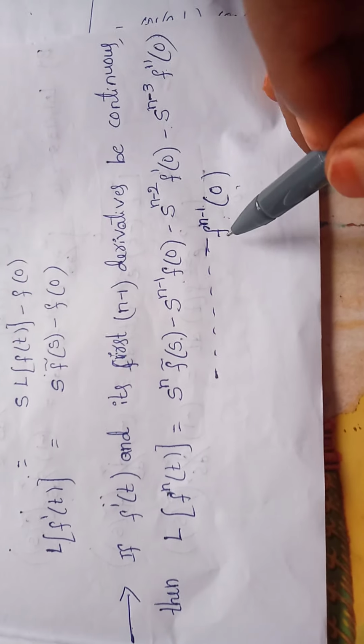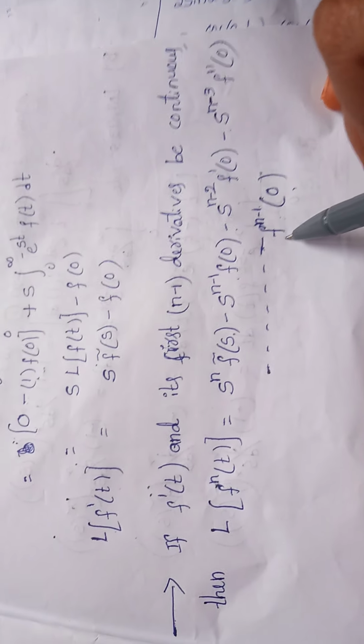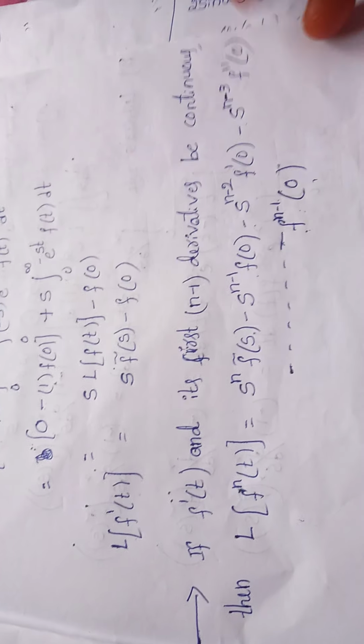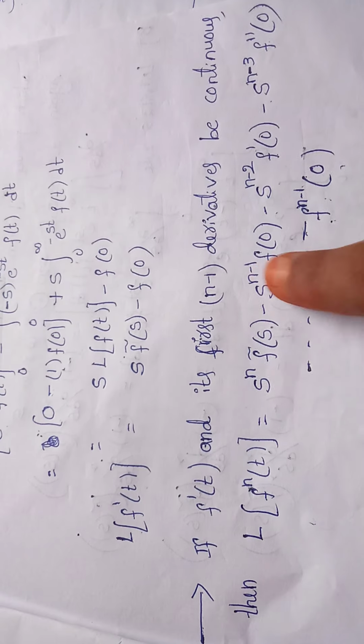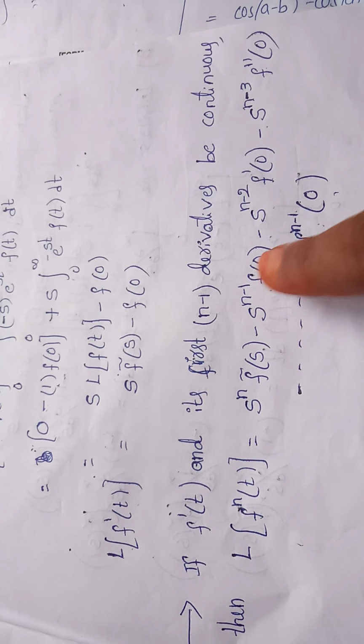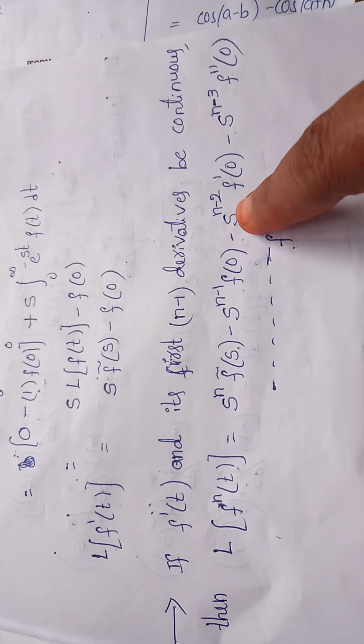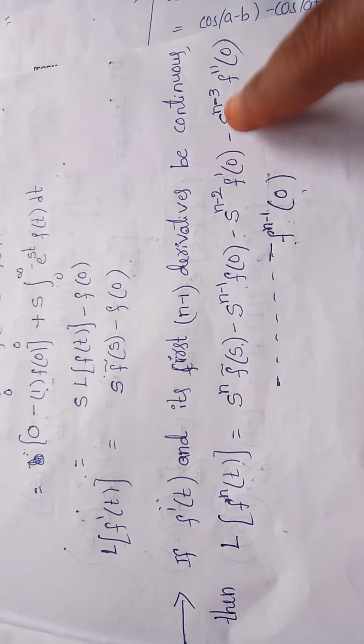This is a very important formula. You can find the Laplace transform of the nth derivative: s power n into f bar of s minus s power n minus 1 f of 0, s power n minus 2 f dash of 0 and so on.